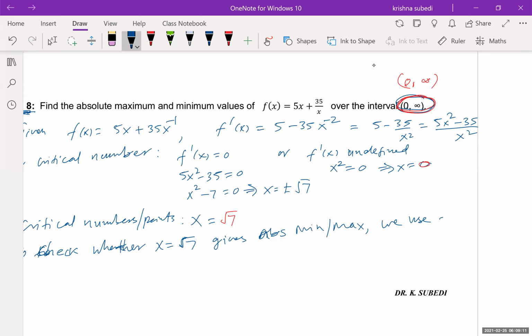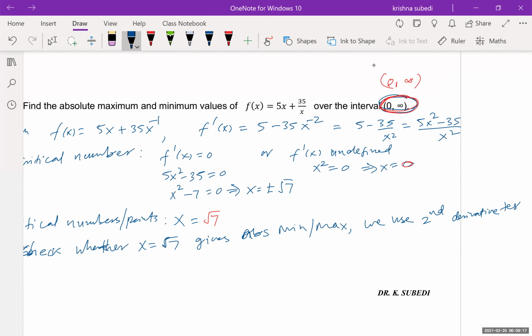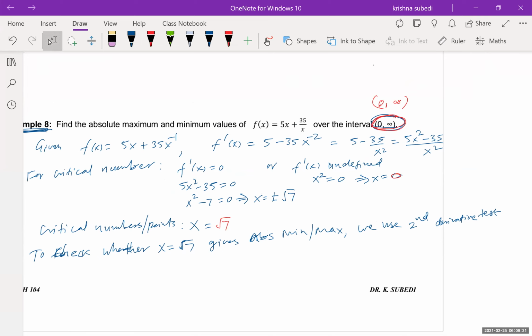Okay, we use the second derivative test, but if you like, you can use the first derivative test also, no problem.